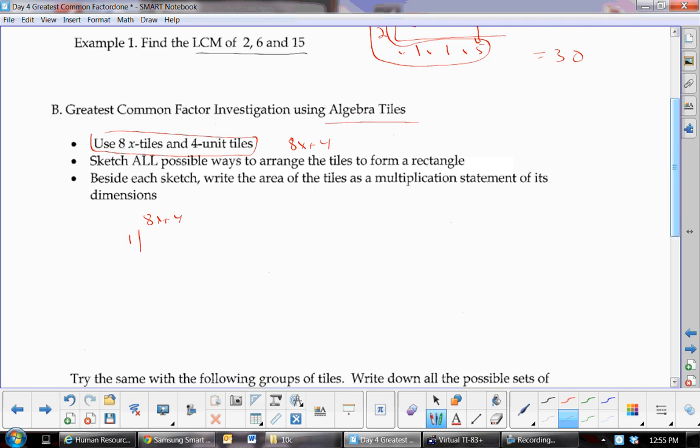Right? Because then it's like 1, 2, 3, 4, 5, 6, 7, 8, and then 1, 2, 3, 4. See, that one is the farthest from a square. Okay?